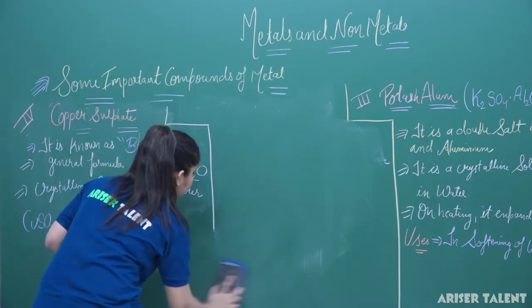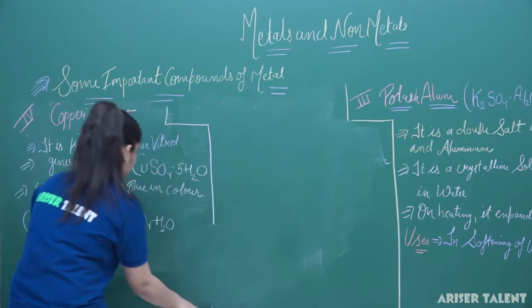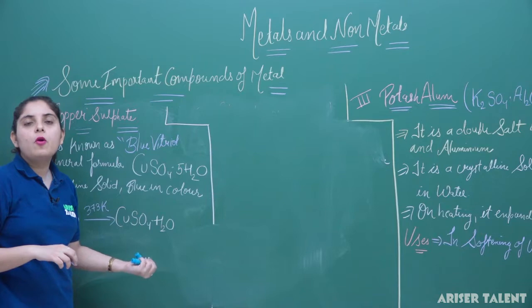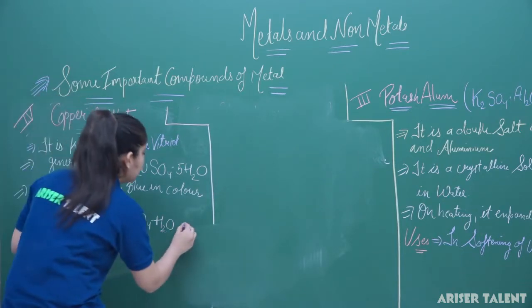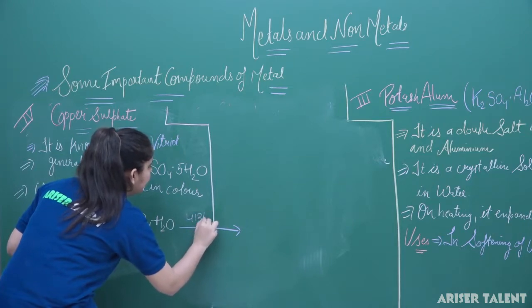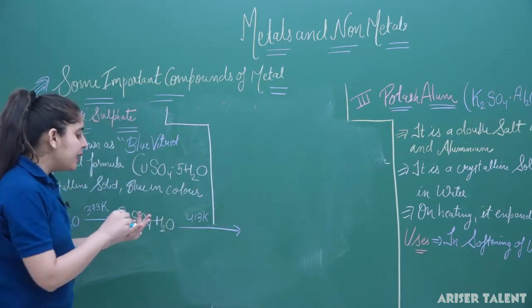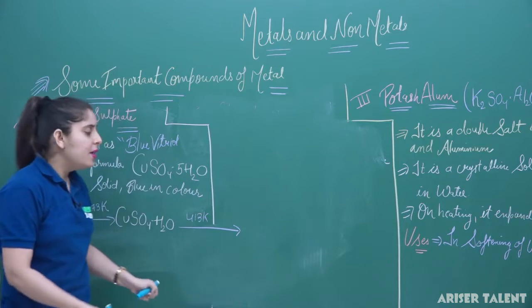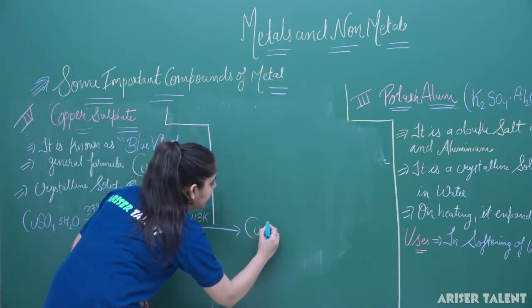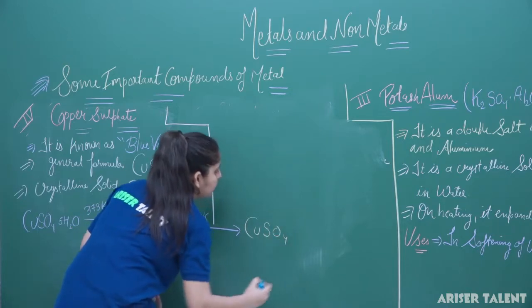Now if we are again heating that compound at a temperature of about 413 Kelvin, it will lose its remaining water of crystallization and we will get copper sulphate, that is CuSO4.